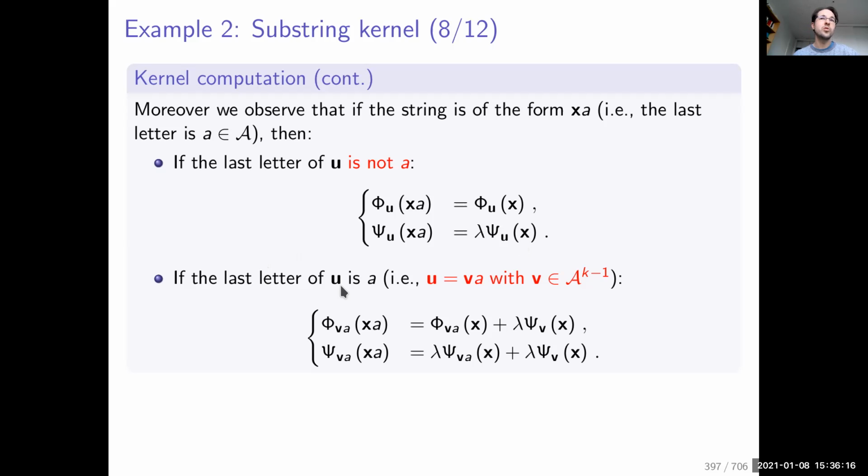If the last letter of u is a, we also have a relation that relates phi va of xa, and these quantities that each time involve a smaller quantity. You see that instead of va, we have v. Instead of xa, we have x. So this is a shorter sequence.